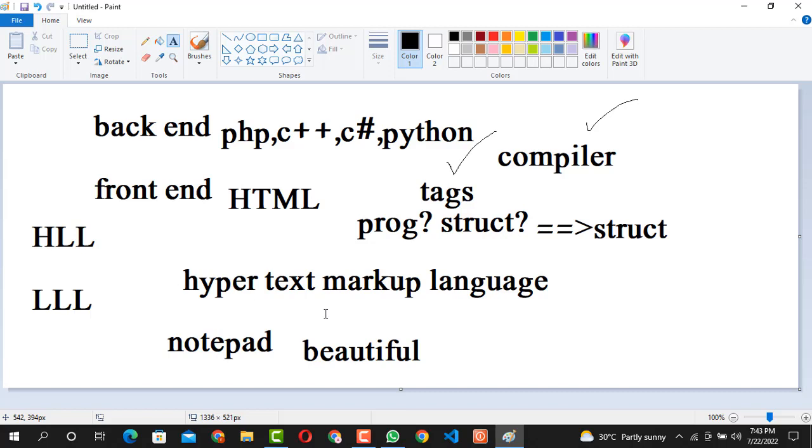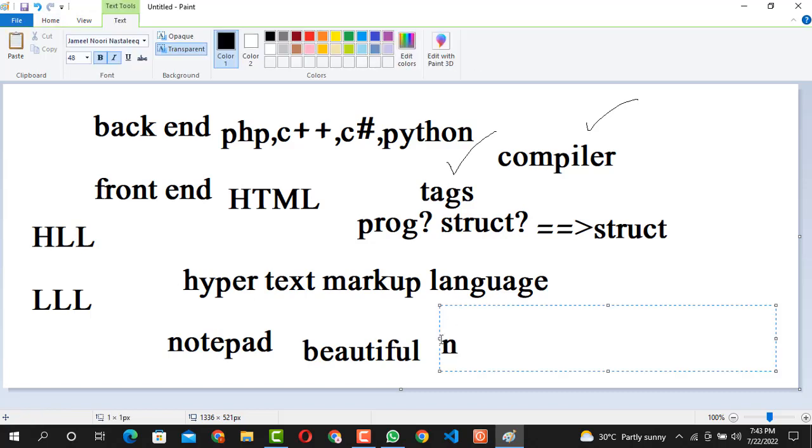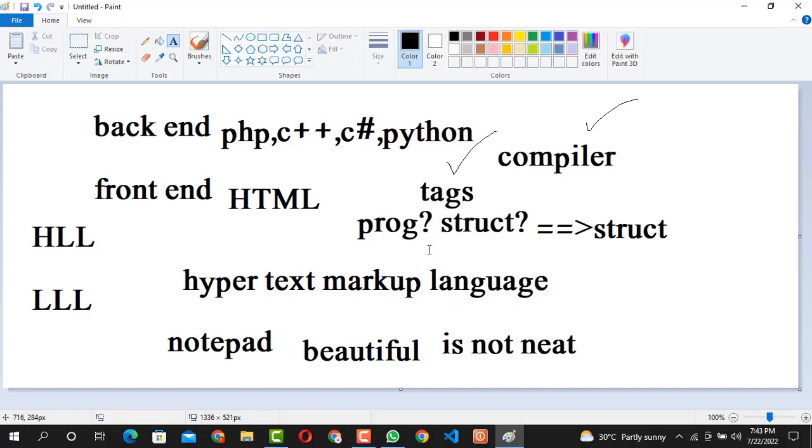But if your code is not neat, if your code is not written in a beautiful manner, then the programmer cannot understand what you have written and what structure you have defined. So these are very necessary terms that you have to understand in order to understand these concepts of HTML.